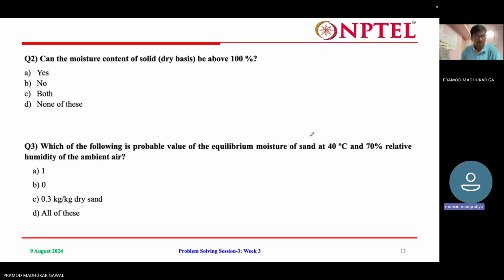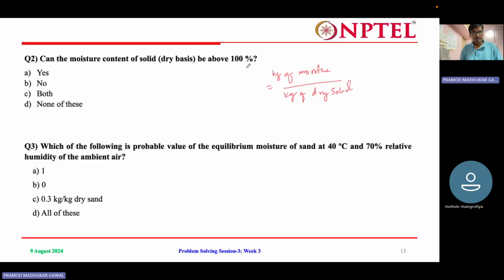No, answer B, no. Just use the concept I recently explained. Moisture content on a dry basis is kg of moisture divided by kg of dry solid. This is the moisture content on a dry basis.